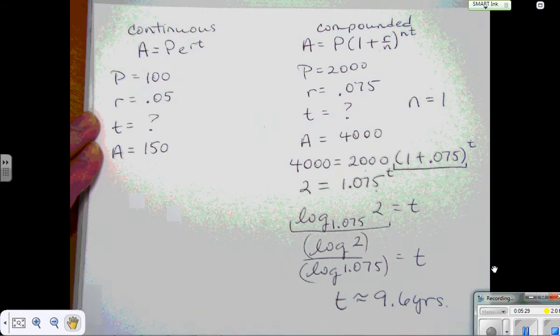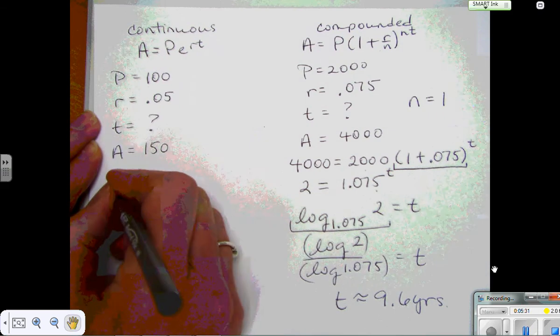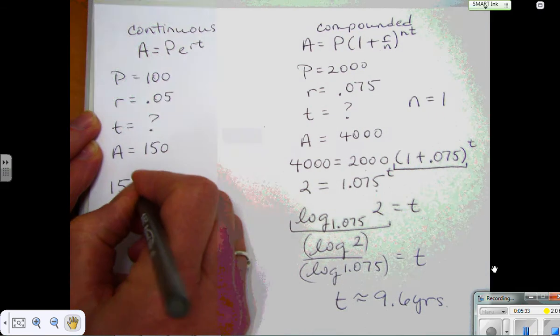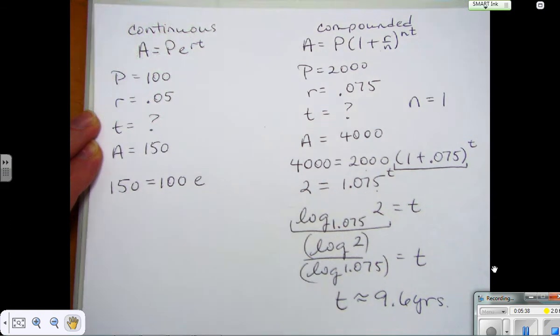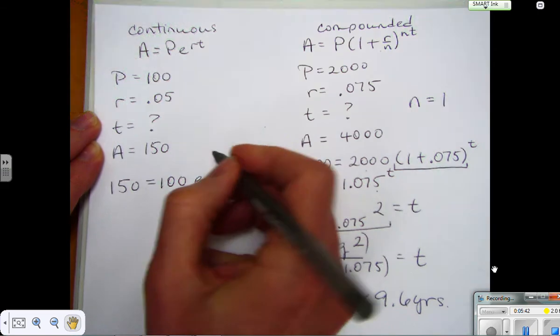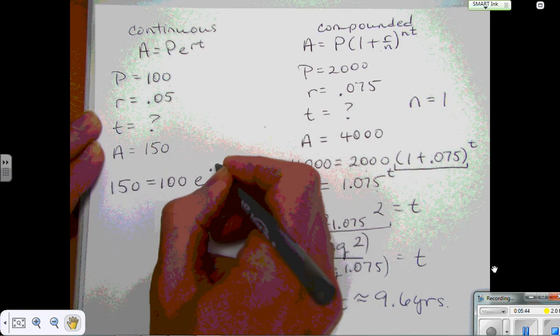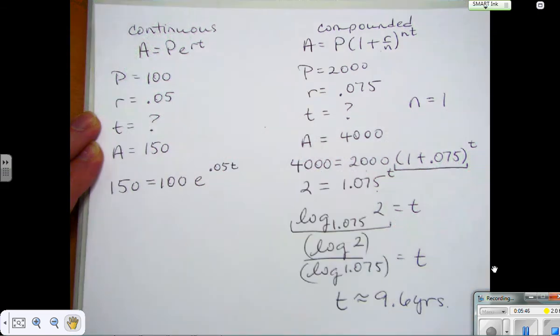Okay, so let's substitute values in. 150 equals 100, and e is your base. R is 0.05, and then T is the unknown.